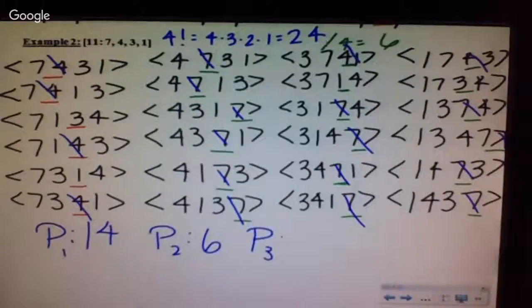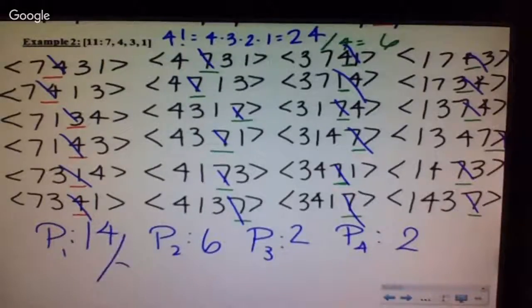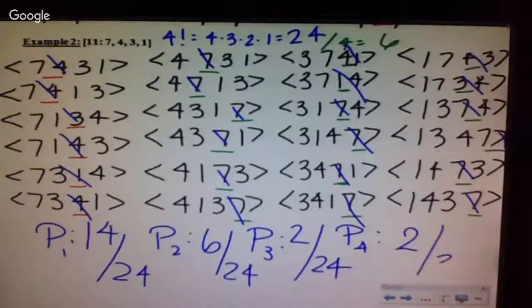Player 3 is my 3s. 1, 2. And my 1. 1, 2. So, last thing. What's 14 plus 6? 20. Plus 2. Plus 2. As long as you hit that 24 that you had to start with, you're done. So it's out of 24.